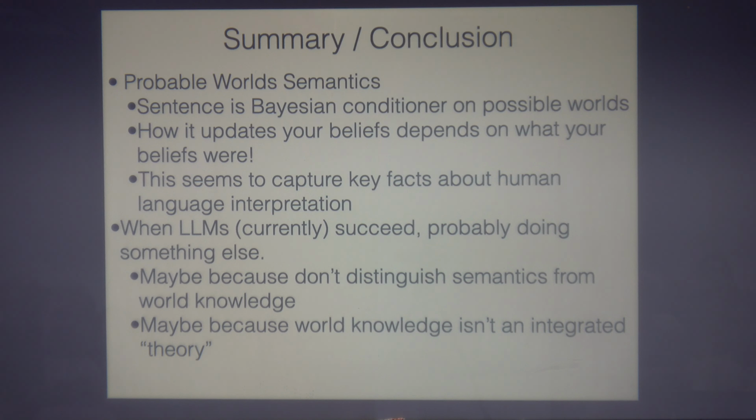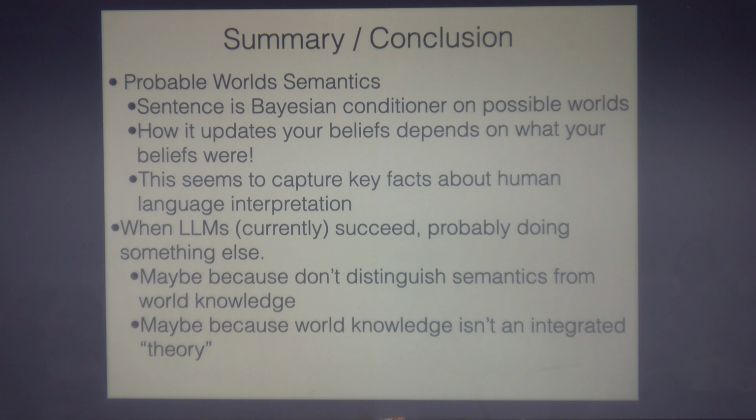And LLMs, at least as exemplified by T5, succeed, but they're succeeding probably by doing something else, right? Because it seems that, particularly in the cases where your beliefs about the world matter, T5 was not matching human intuitions.